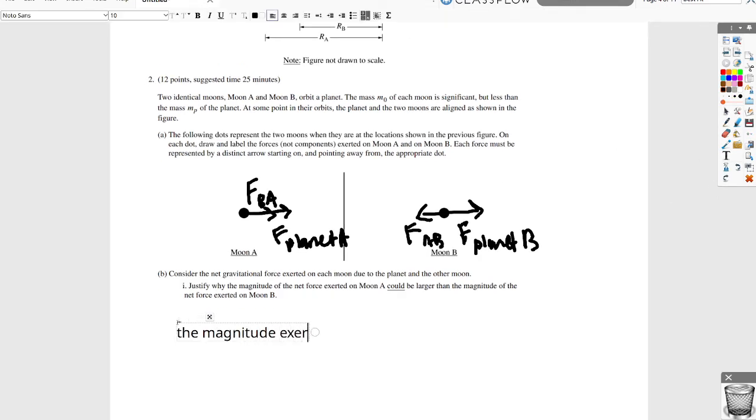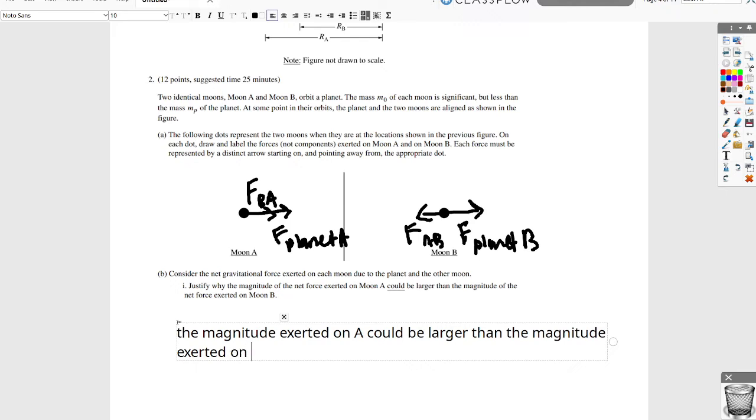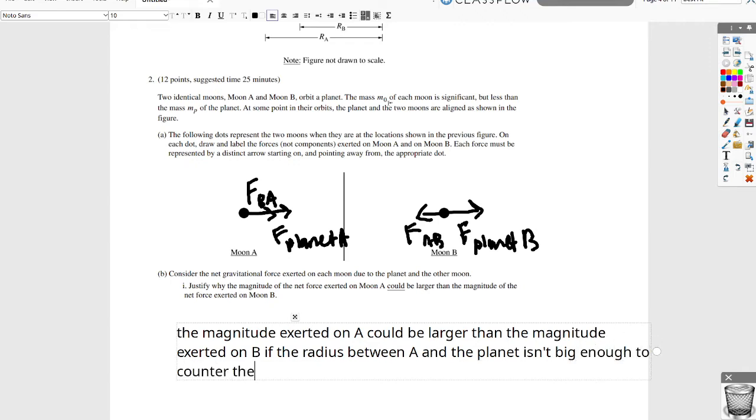The magnitude exerted on A could be larger than the magnitude exerted on B if the radius between A and the planet isn't big enough to counter the effects of the force that moon A exerts on moon B.